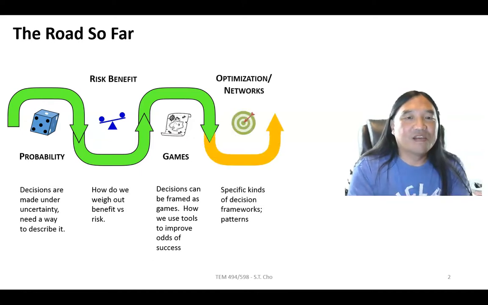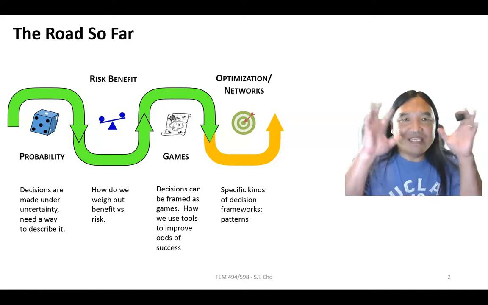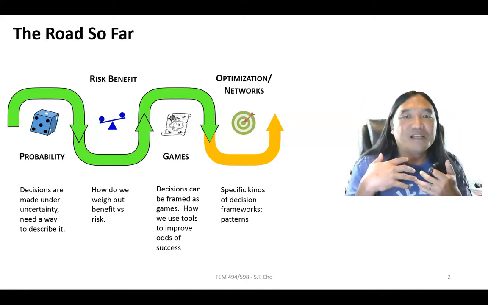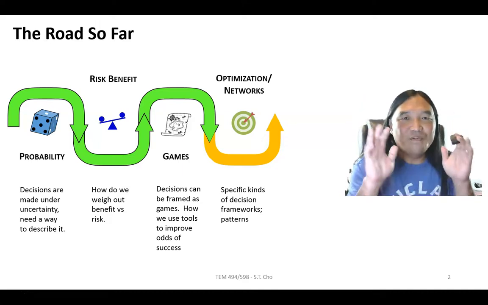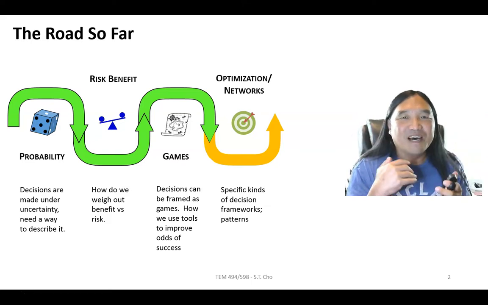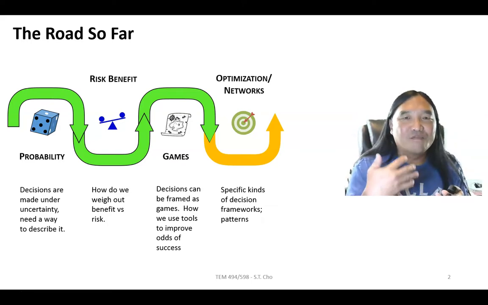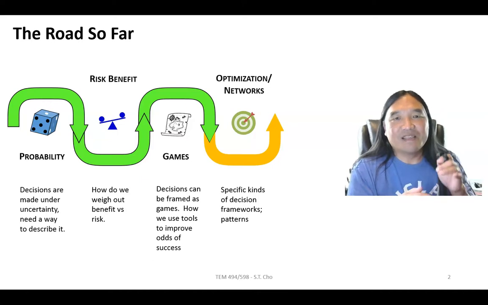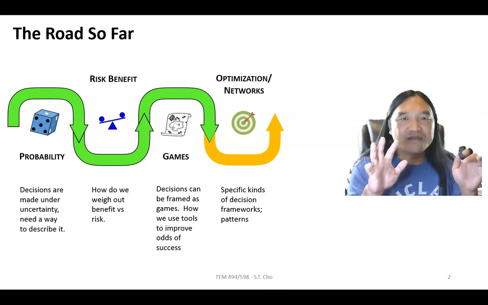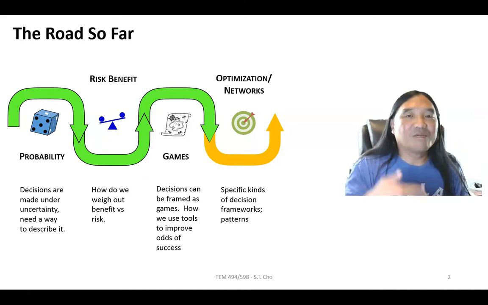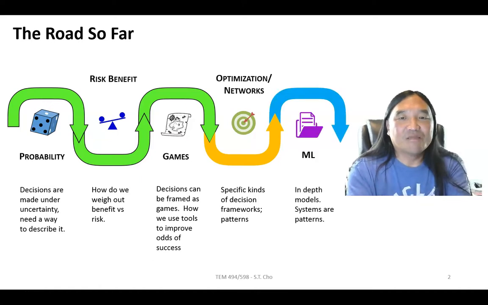warfare or whatever. And next, what we're going to talk about is optimization, meaning, given all this data and everything, how do we find the best solution? I love the word optimal, because optimal means that you've made all the trade-offs and there is a path to go forward. Not only that, but things form patterns, and so they form networks. And so the question is, how do we get the most out of that?